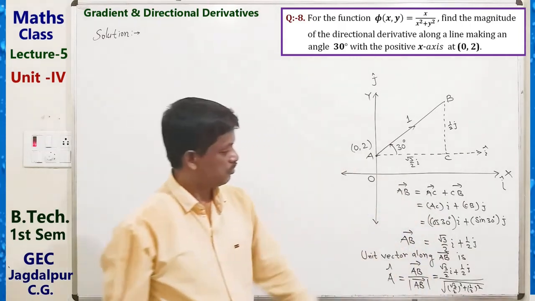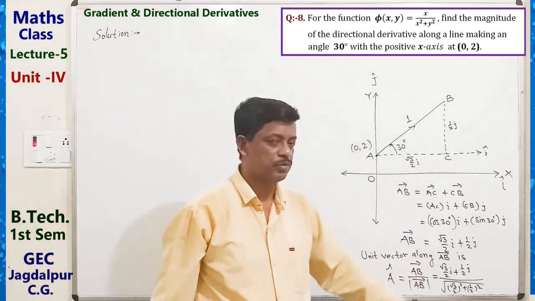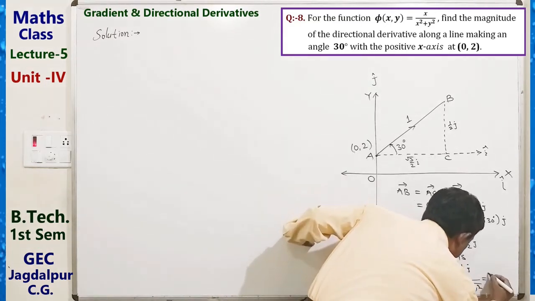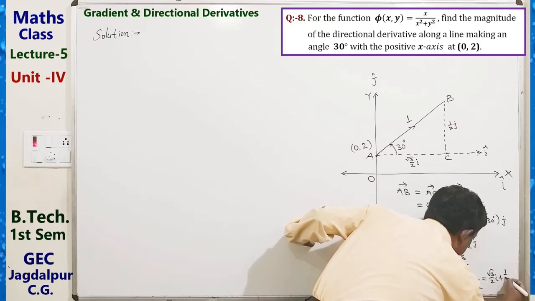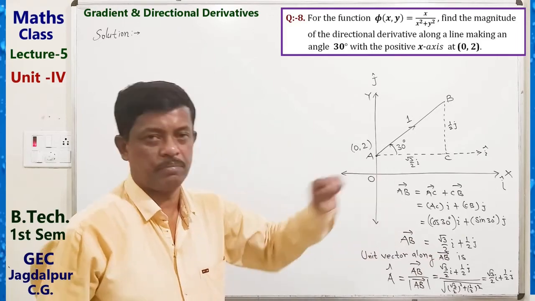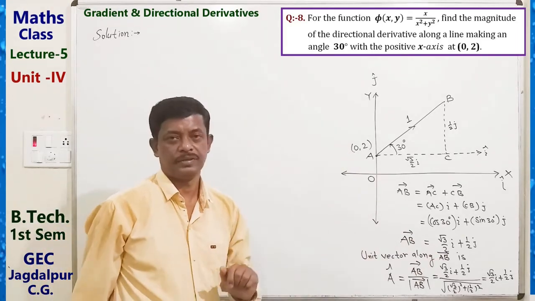That is 3 by 4 plus 1 by 4, which is 4 by 4, 1. So this is equal to the same thing, root 3 by 2 I plus 1 by 2 J. This is A cap. This is our direction for this question.